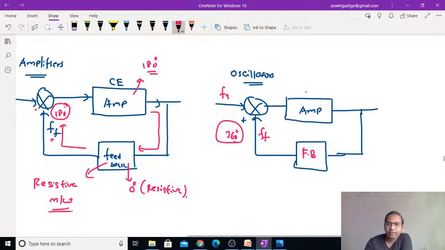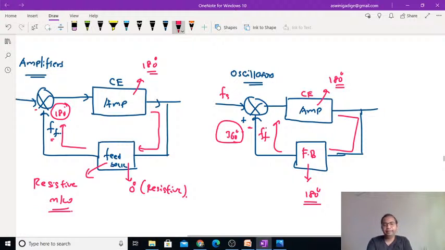So here, as I told, if it is a CE configuration amplifier, then it will give the 180 degrees phase shift. But if you want to get the 360 degrees phase shift at this point, then the feedback network also has to show the 180 degrees phase shift. So now this 180 plus 180 becomes a 360 degrees phase shift difference between the source signal and the feedback signal.